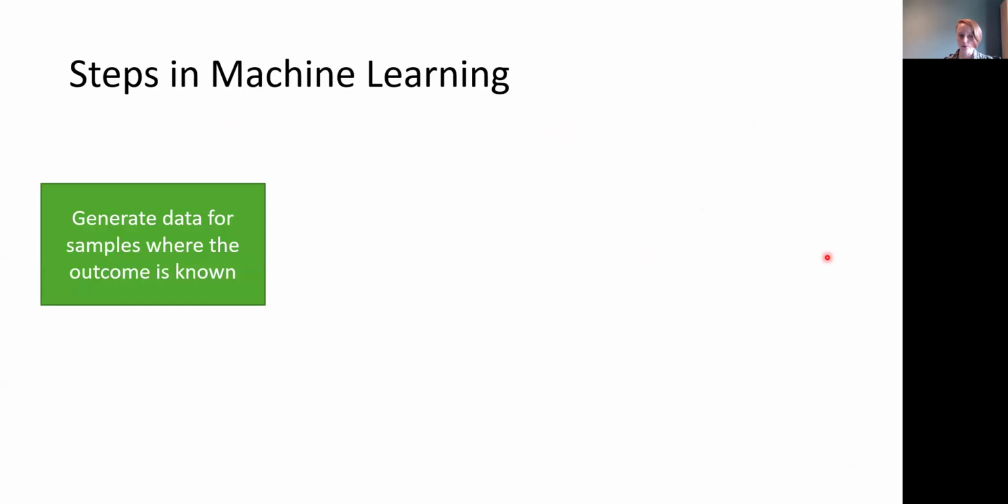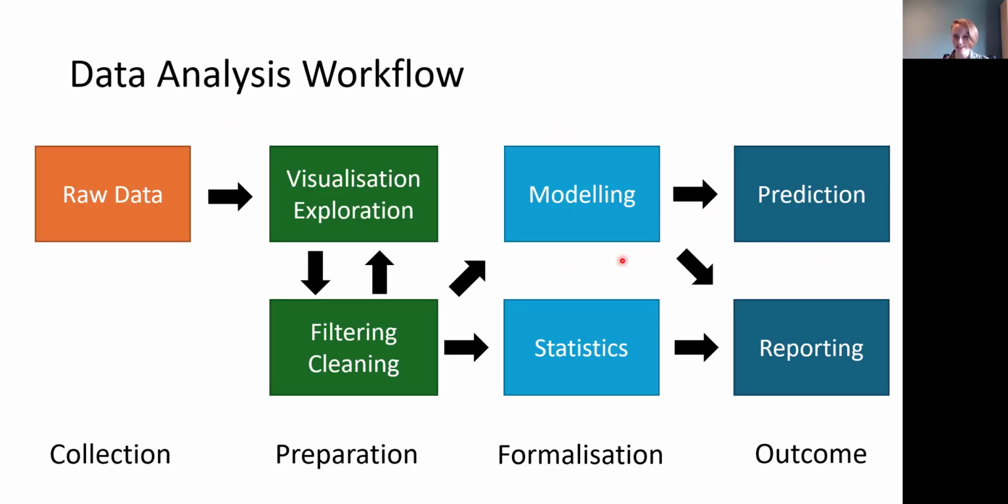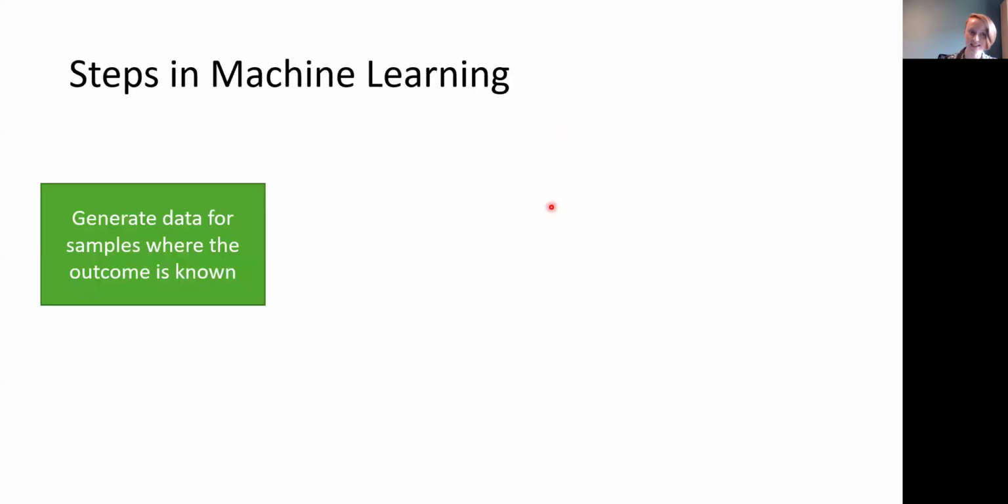So what are the general steps within this box here, the modeling step? Well, I say within this step. The first step, actually, I've still included is generating the data. This is because, again, it's super important. You want to generate good data when you are hoping to build a machine learning model.